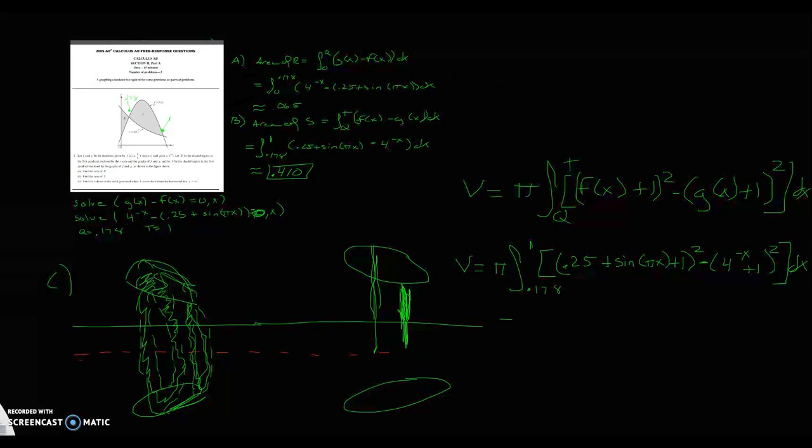Now don't forget, when you put this in on your calculator, to multiply by pi, and your volume should be about 4.559. Hope this video helped.